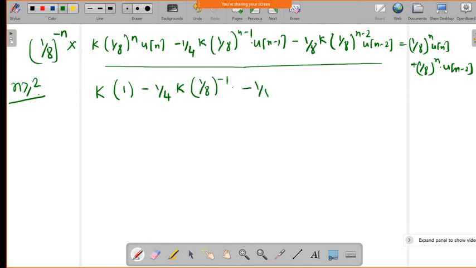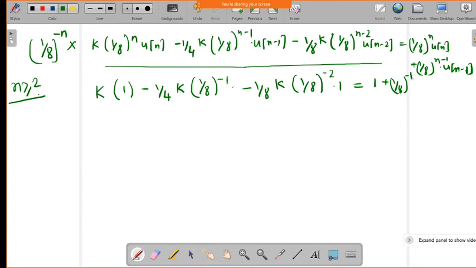So minus 1 by 8 k into 1 by 8 power minus 2, into 1, which is equal to 1 plus 1 by 8 power minus... so here it is minus 1, sorry. Since it is u of n minus 1, right? So this is 1 by 8 power minus 1, minus 1, okay.